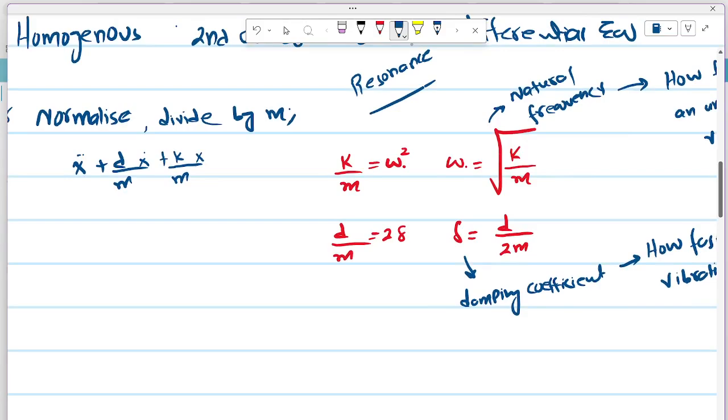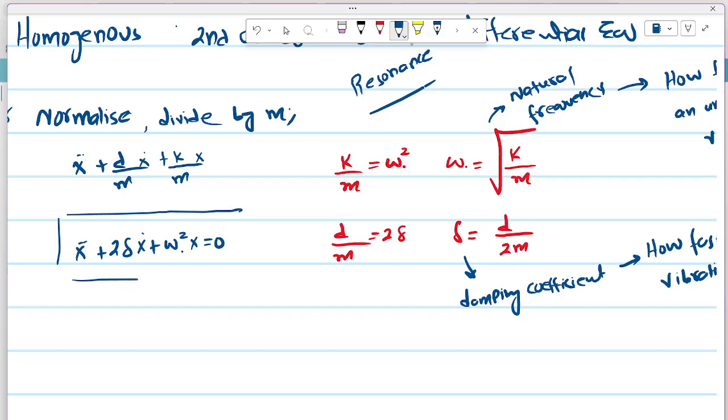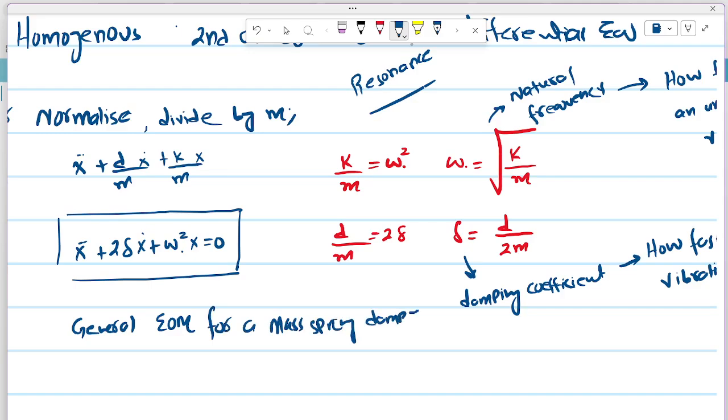So that's how we find the mathematical model, and that's how we find these normalized forms. So we can rewrite the equation as x double dot plus 2 delta (the damping coefficient) x dot plus omega square x equals 0. That's the general equation of motion for a mass spring damper system.